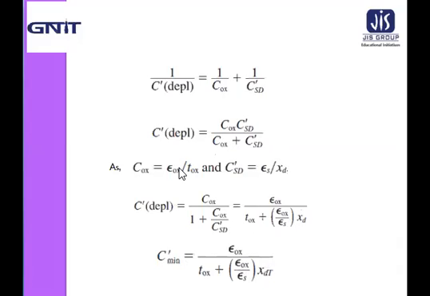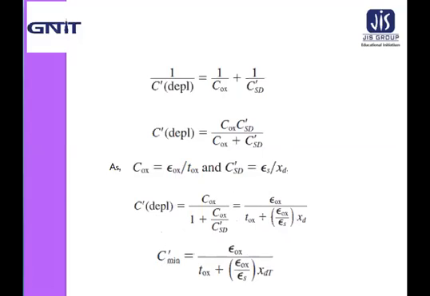Now, I have already defined the threshold inversion point: at that condition the maximum depletion width is reached, but there is essentially zero inversion charge density. This condition will give a minimum capacitance, that is C minimum.